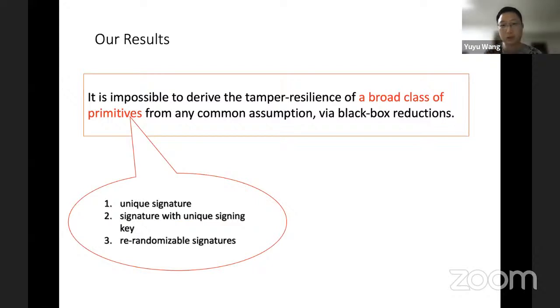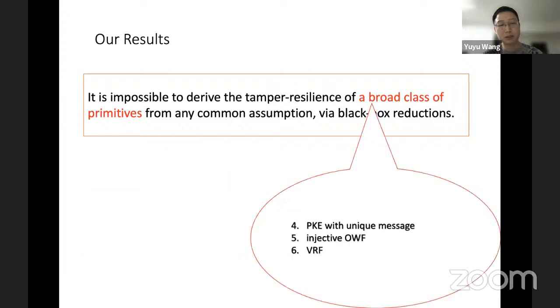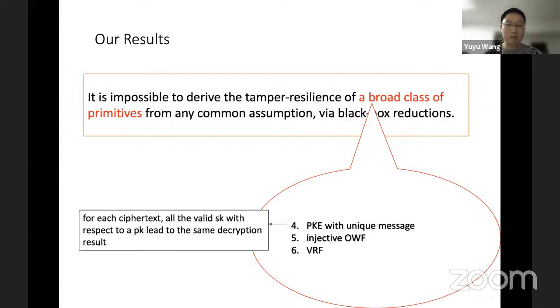Here, by a broad class of primitives, we mean several types of primitives, including unique signature, signature with unique signing key, randomizable signatures, and also PKE with unique message, injective one-way functions, and VRF. Here, by PKE with unique message, we don't mean the deterministic PKE.